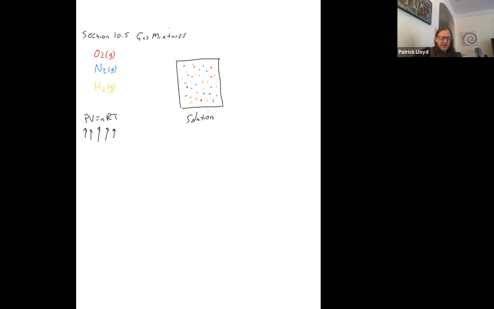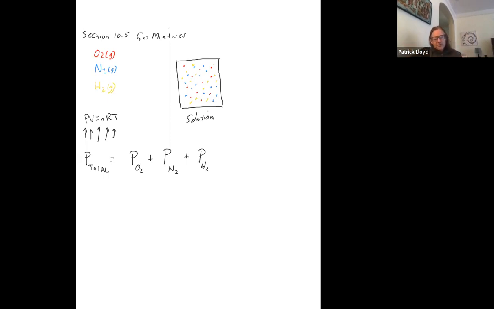So I can say this then. What I can do is I can say the pressure of all the gases together, if you add up the pressure of each gas, that is equal to the pressure of the first gas plus the pressure of the second gas plus the pressure of the third gas. And if you had more gases, you would just keep adding them together.